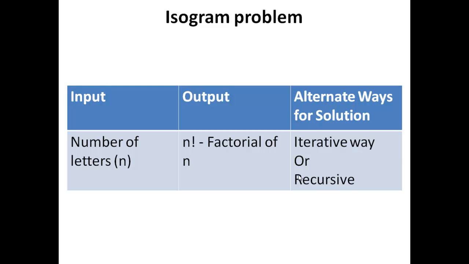So here the input is number of letters n, output is n factorial, that is factorial of n. So the alternate ways for the solution can be iterative or recursive.